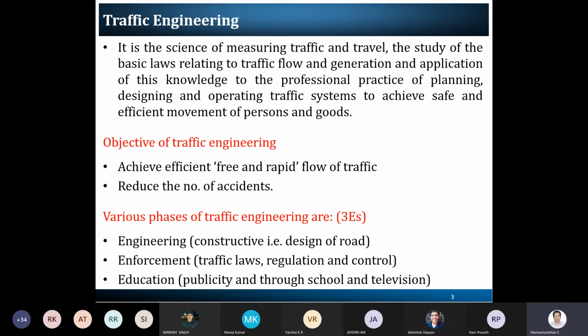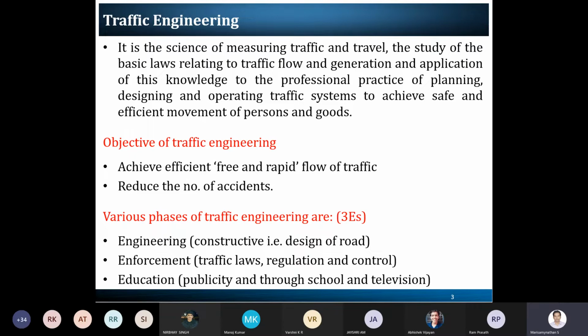Also, for existing conditions, we can see how the operations are going to happen. All of this we apply with respect to what we have measured in terms of traffic and travel, when we move any persons or goods from one place to another.